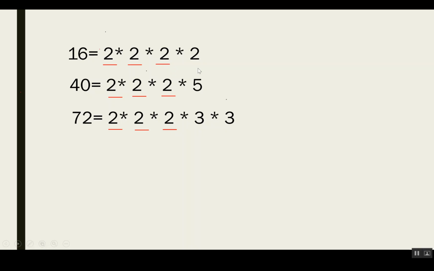Now we have another 2, but that is not present in the other 2 numbers. We have 5, which is not present in the other 2 numbers. The same goes for the 3. So the highest common factor for 16, 40, 72 will be 2 into 2 into 2, which gives us 8.